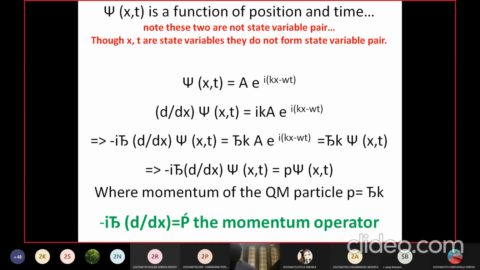What's a pair variable for x? 5, 4, 3, 2, 1. Position, momentum. X is the position vector, so its pair variable is the momentum vector. Similarly, what is the pair variable for time?